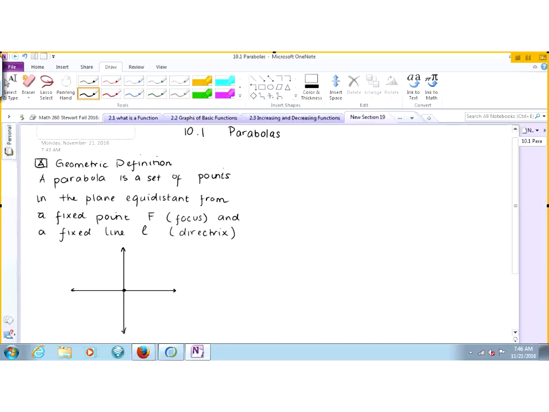Let's say the center is 0, 0, and this is your focus. The focus and the directrix are equidistant. So this is one of the points, and this is called the directrix. So this is L and this is P. This is F, the focus. This is 0, p. So the distance between these two is called p.